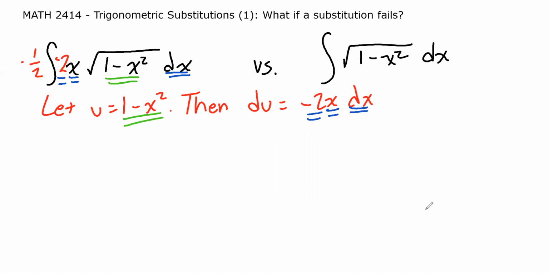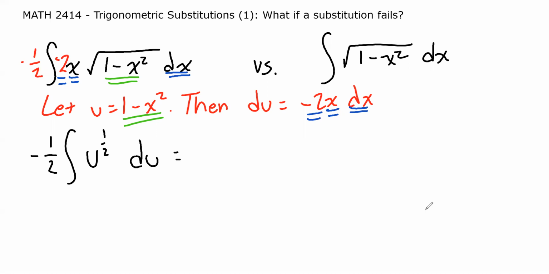So this integral will transform pretty quickly. We'll have a negative 1/2 in front, integral. All three double underlined parts in blue become du. And the part under the square root becomes a u, but we don't integrate radicals, we integrate powers. So instead of the square root of u, we'll write u to the 1/2 power.